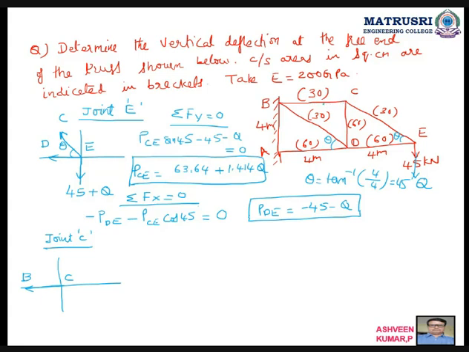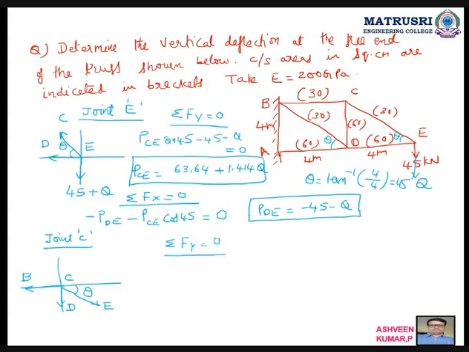If you get positive, it is tension; if negative, it is compression. Next is CE, this is E, and again this is theta. Then I'll go again for sigma Fx and sigma Fy. So sigma Fy is equal to 0.